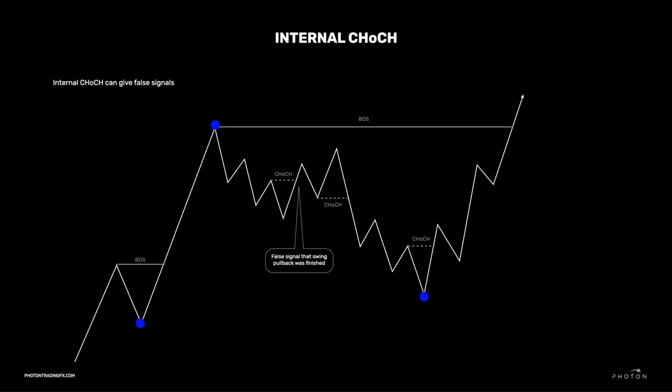But because minor and substructure breaks are not as significant as swing structure, changes of character based only on M-BOSs or S-BOSs can give us false signals. It can give a false signal that a swing run has ended or that a swing pullback has finished.